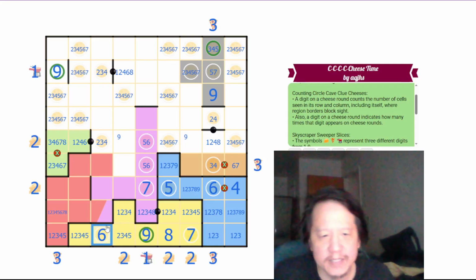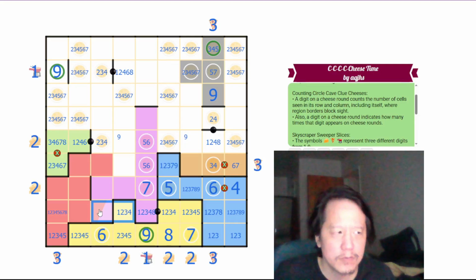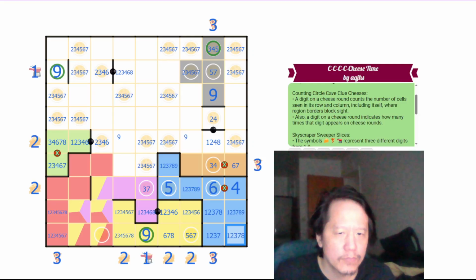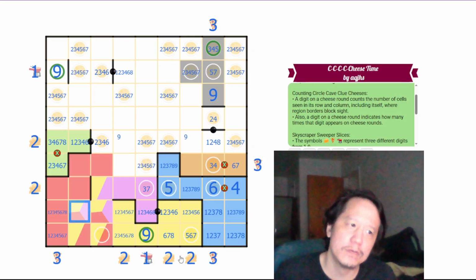So I think this has to be 3 or 6, though, right? I guess it could be 4, technically? No, because that would block yellow. So this can never be pink here.